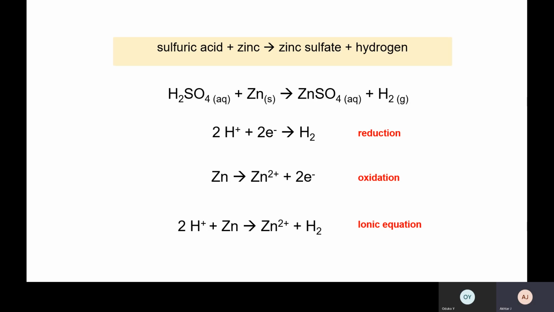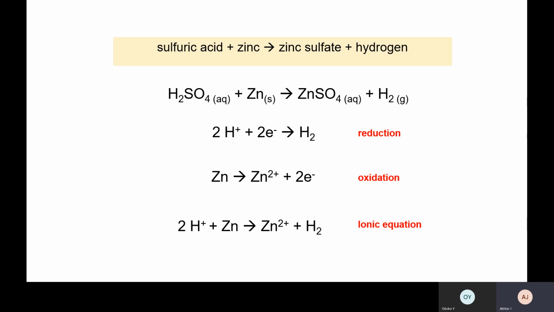Each hydrogen ion gains electrons from zinc to form a hydrogen molecule, and zinc is oxidized by losing 2 electrons in order to form zinc sulfate, and combining the two half equations gives you this. We do not need to include sulfate in the ionic equation or in any of our half equations. Sulfate remains unchanged on both sides. It's our spectator ion, hence not included in the ionic equation.